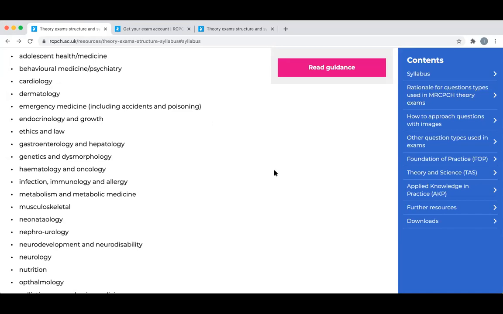Okay. Now hematology, oncology, infection, immunology. Immunology is a very important chapter. Immunology is very advanced in the UK. So there are immunological drugs like interleukin 1 receptor antagonist, interleukin 6 antagonist, then tumor necrosis factor antagonist.